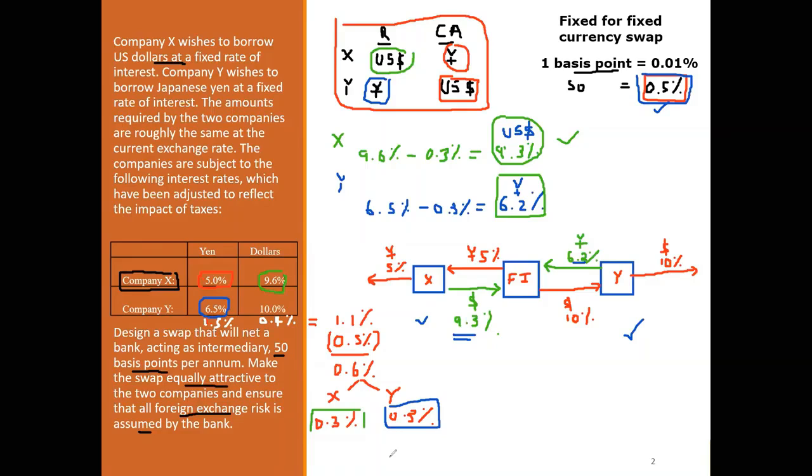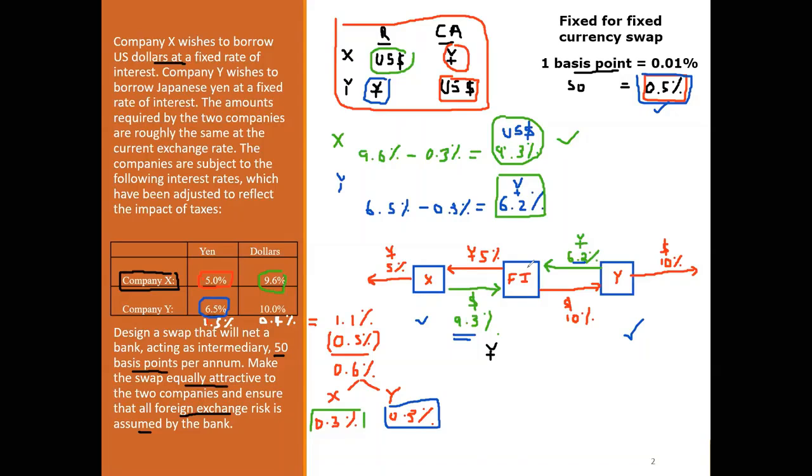So if you take the financial intermediary, let's look at the yen. In yen, the financial intermediary is receiving 6.2% from Y. And on the other hand, the financial intermediary is paying 5% on the yen amount to X. So what is the return of the financial intermediary in yen, can you comment?